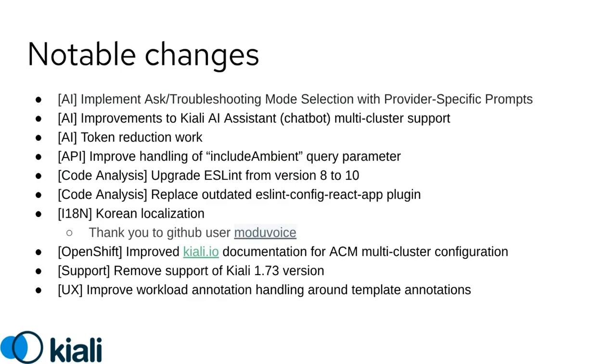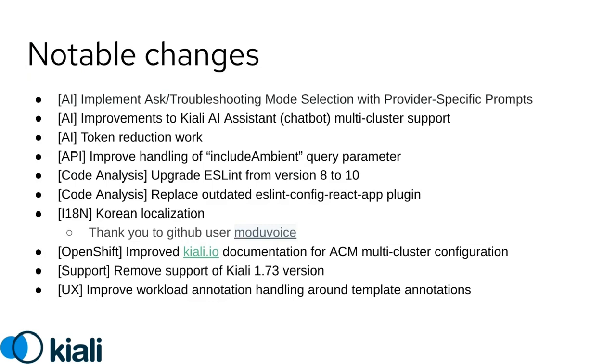I won't go through them all in detail, but there are several more things in the AI space, including efforts to reduce tokens and other work around the chatbot. We've got some API improvement handling for callers of our API, which is also AI related, but also a cleanup for the UI.